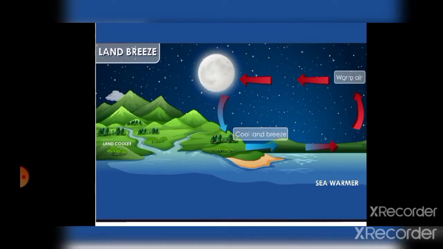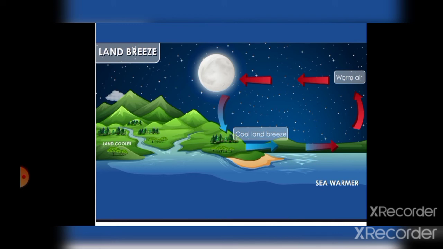So, now we will see the land breeze. At night time, the hot land cools much faster than the warm sea water. Due to this, the land becomes cool very quickly, but the sea water remains warm for a much longer time.